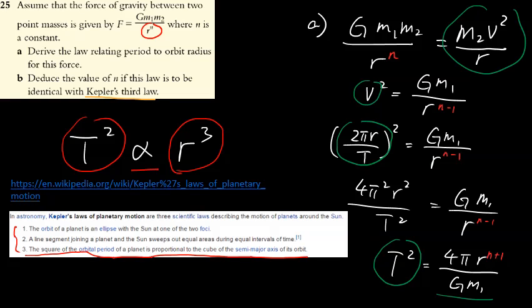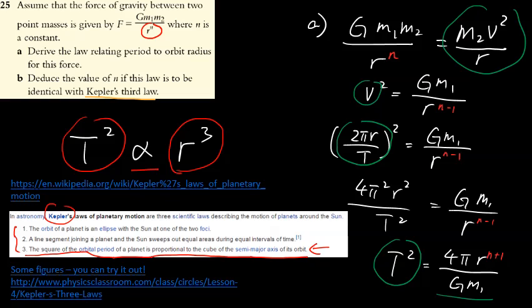This is what Kepler, the physicist and astronomer, found out in the past. He actually found out this law based on just the numbers that he observed from the telescope. Of course, he is very dedicated to astronomy.